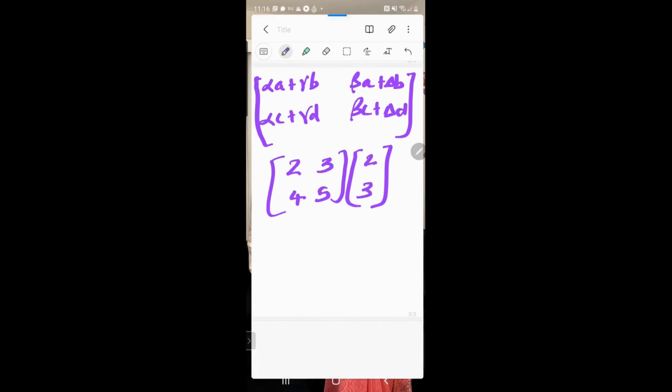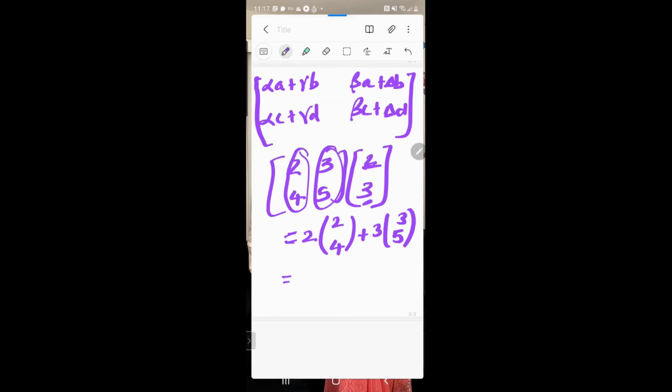Oh, you used a program to do this or you did it manually? Manual. Okay, so let's check. So that's 2 times 2, 4, plus 3 times 3, 5. So this first column goes with this value, second column goes with this value.